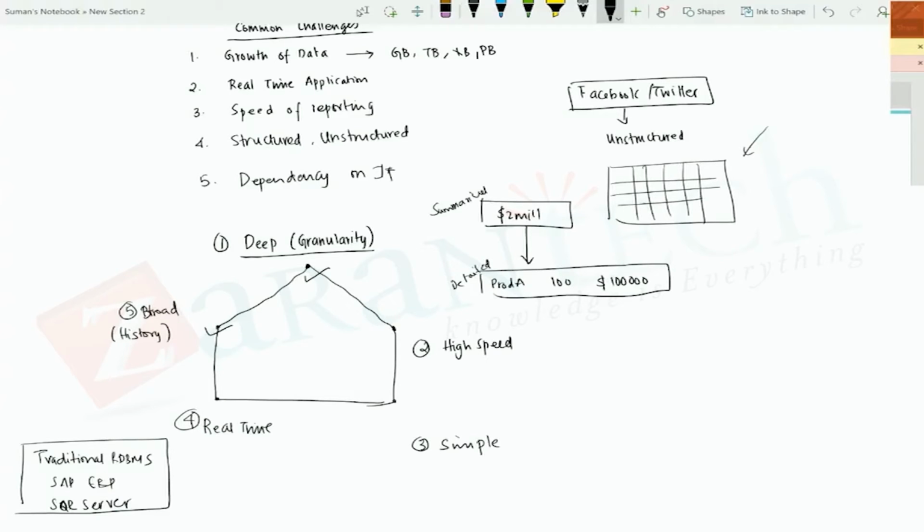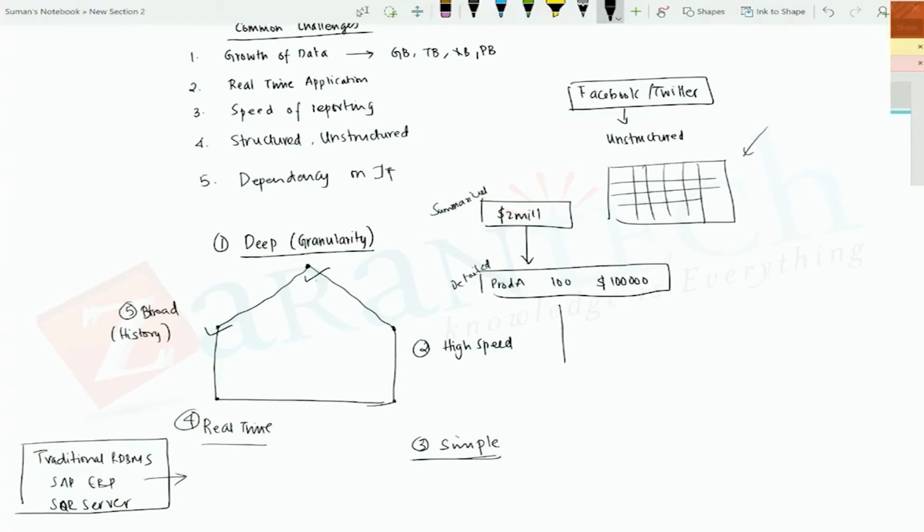That also was a given. They were not able to provide real-time information. Simplicity, it's not possible, right? Because the complexity we have in the traditional system does not make it a simpler product. Can it provide high-speed data? No. So in the traditional world of SAP or non-SAP systems, they were able to give you granularity and hold large volumes of information, but that's all they could provide.